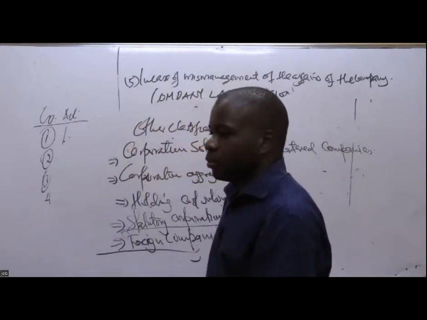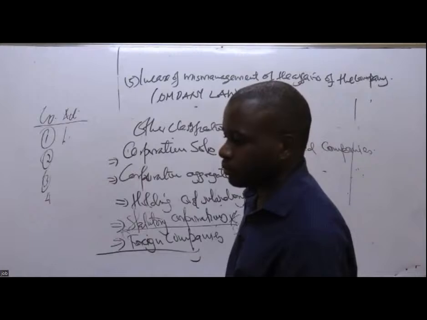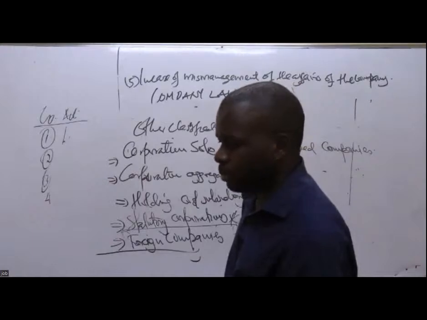When is your paper for company law? Have you gotten the timetable or not yet? It's on the 4th. So the paper is on the 4th, which I can see is a Monday. Okay.